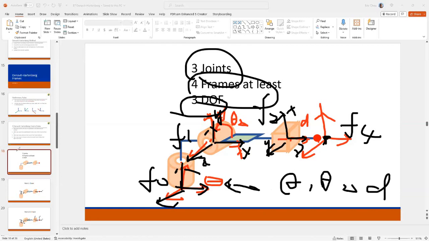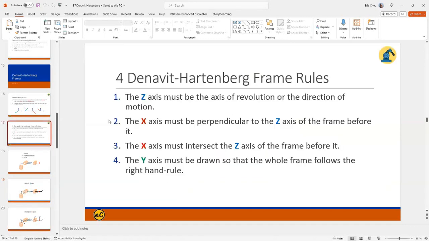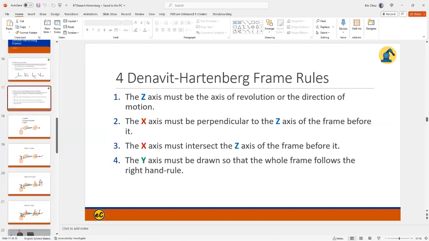Now determine where your end effector should be. Rule number 1 is determine everyone's Z direction. So Z direction should be your rotator's center axis or the extender's direction. Rule number 2, the x-axis must be perpendicular to the Z of the frame before, and it must also follow the right-hand rule.